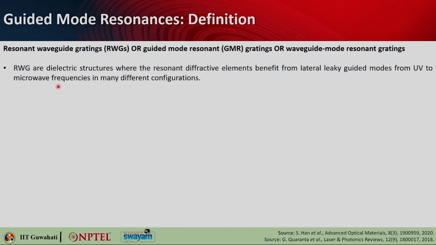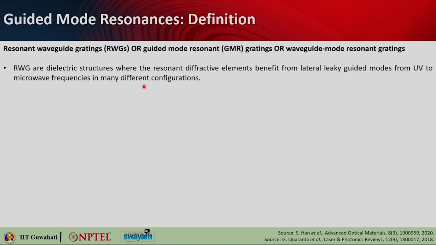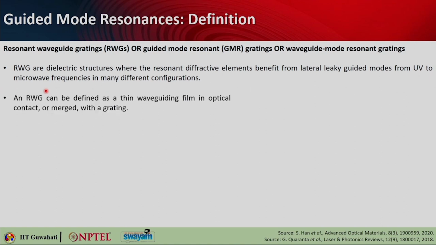So, these RWGs are basically dielectric structures where the resonant diffractive element benefits from the leaky guided modes. And they can be tuned from UV to microwave and other frequencies for different configurations. Mainly they are used in this particular range, and they can also be tuned to optical and infrared.